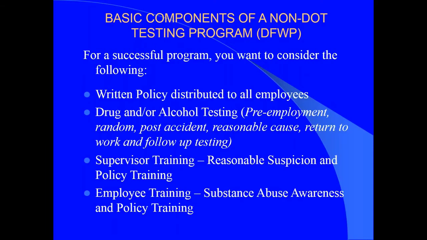It's going to look at testing methodologies and talk about what type of testing you're going to want to do. We're going to get into each one of these. Then you're going to look at drug and alcohol testing: pre-employment, random, post-accident, reasonable suspicion, return to work, and follow-up testing.